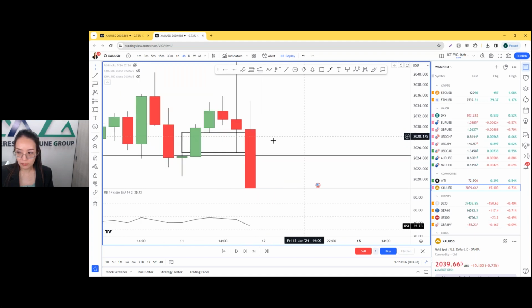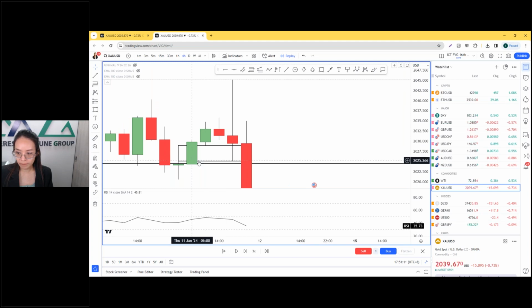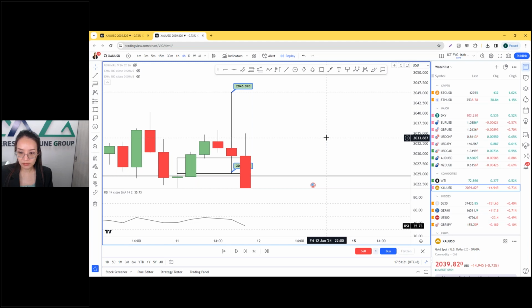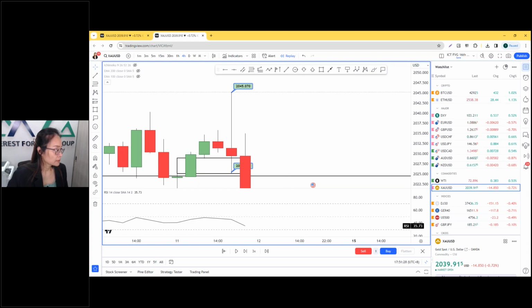And then boom, it bounced all the way from here, 2025, to the highest one, which is 2045. So it's 200 pips. Okay, this is how you find the fair value gap. Any questions so far, guys?